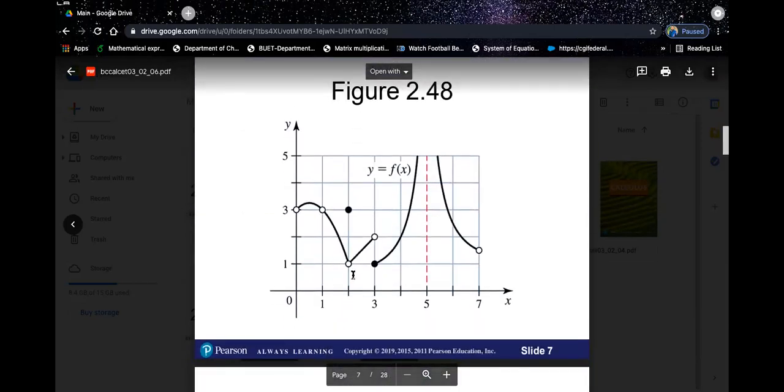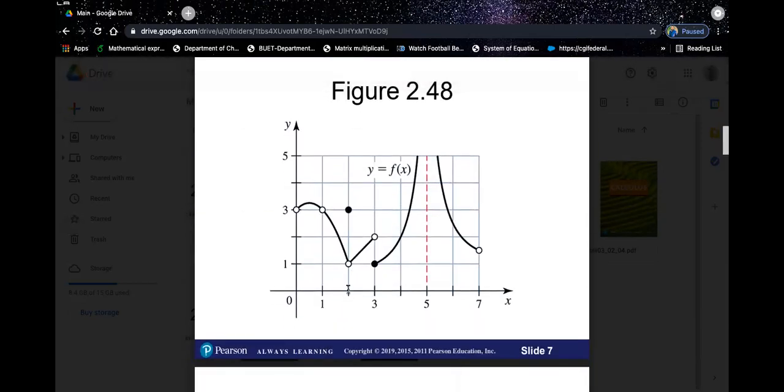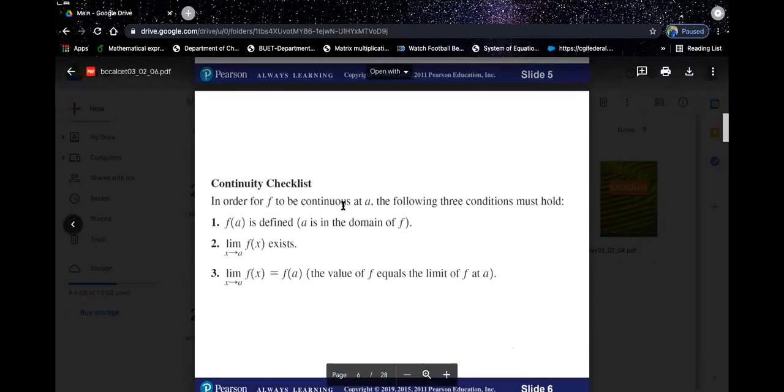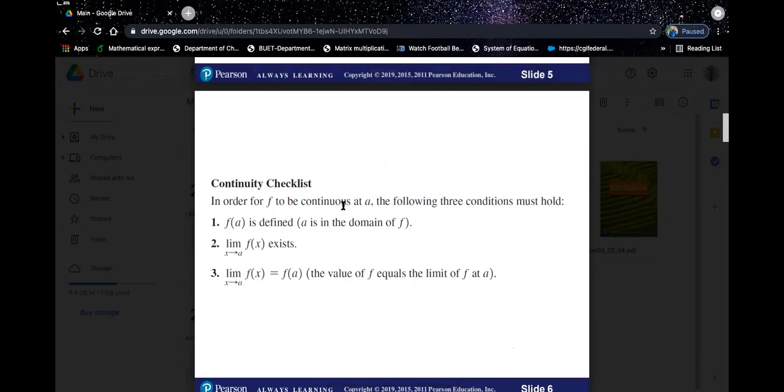Is it 1 at a? At 2 rather? At 2, is the functional value also 1? And the answer is no. It's 3. Exactly. So we say that it's not continuous.